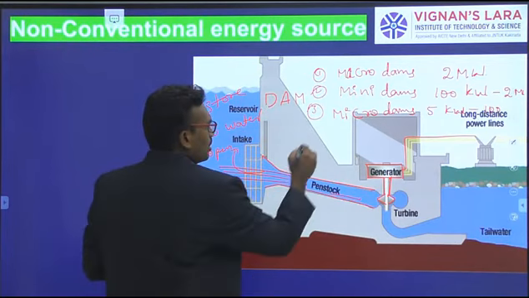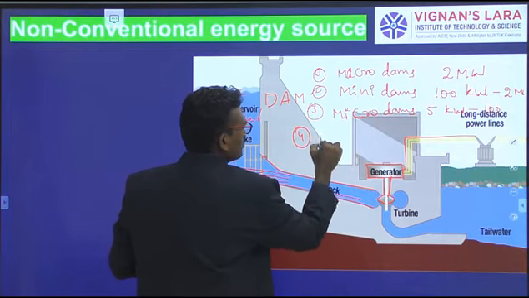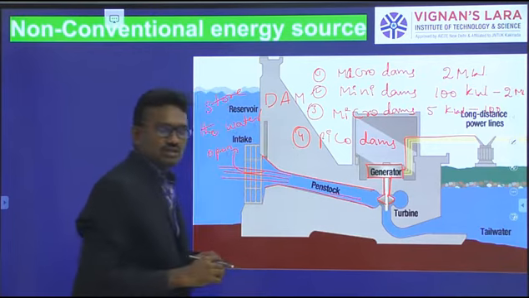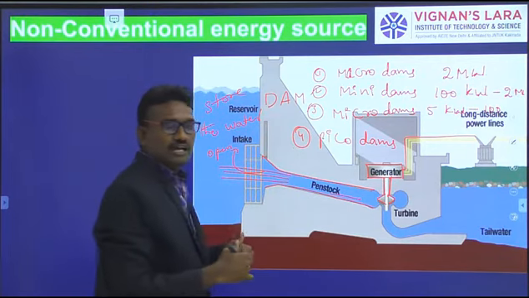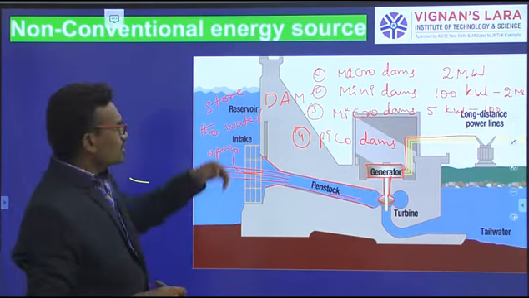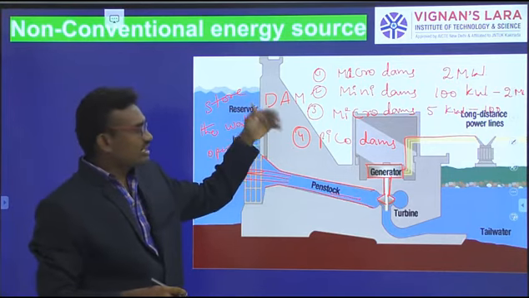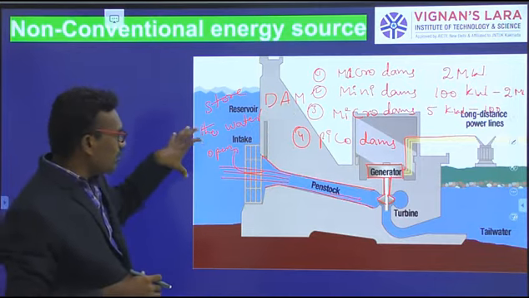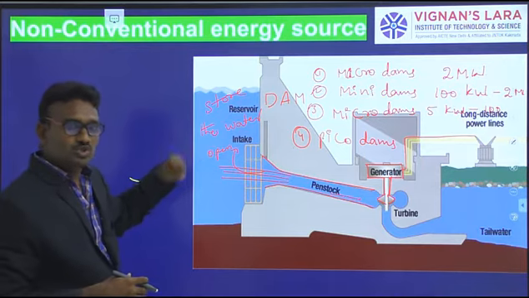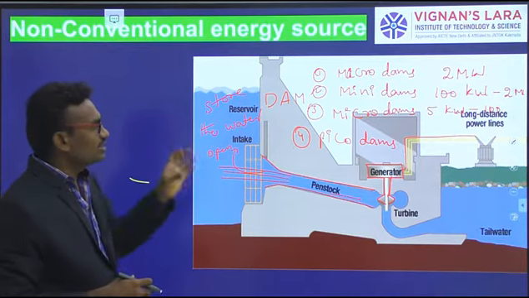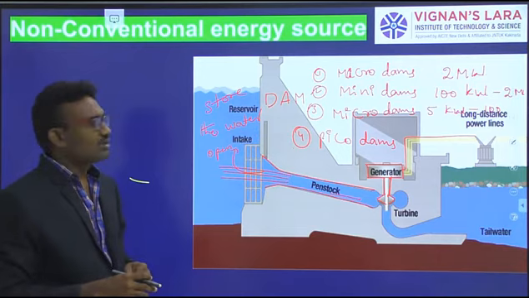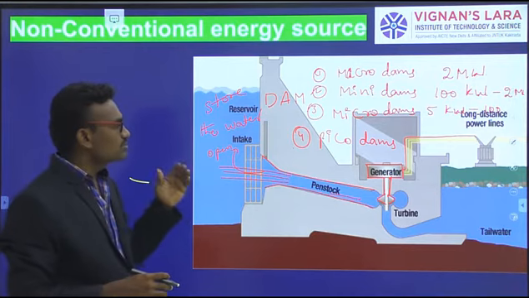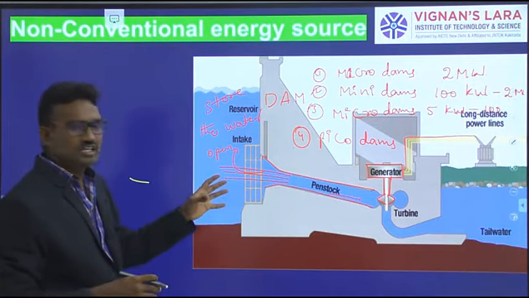The last are pico dams, very small dams that produce less than 5 kilovolts. So dams of different sizes and areas are available. Based on the area, how much water is stored determines the electrical energy. So micro, mini, macro and pico dams are available in the world.